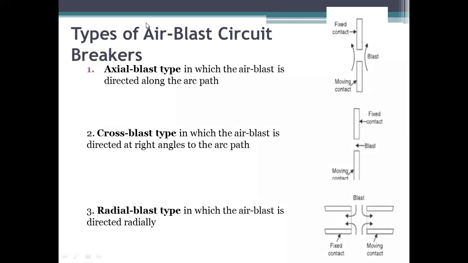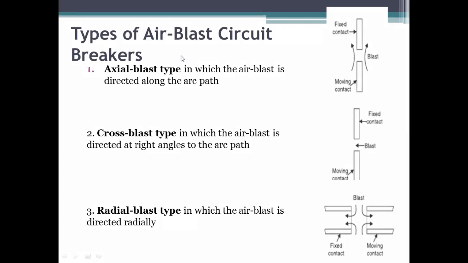So good morning, everyone. In the last lecture, we have seen the types of air blast circuit breakers. Air blast circuit breaker means we are applying some external, pressurized air so that the arc can be extinguished. According to the direction of air, there are different types.